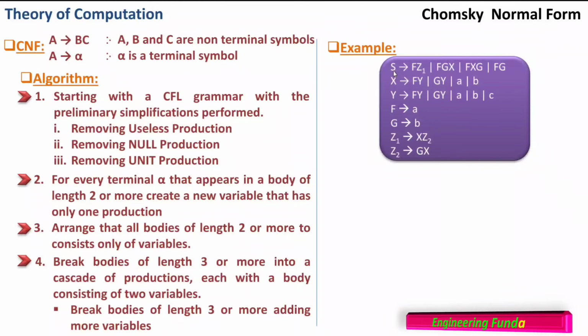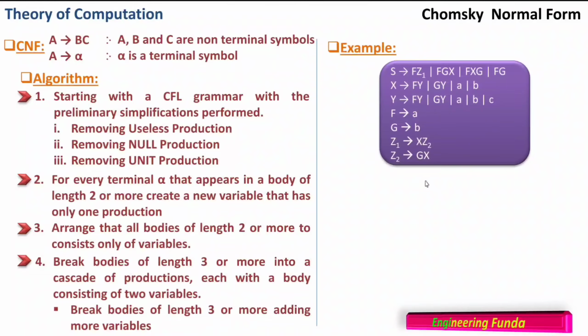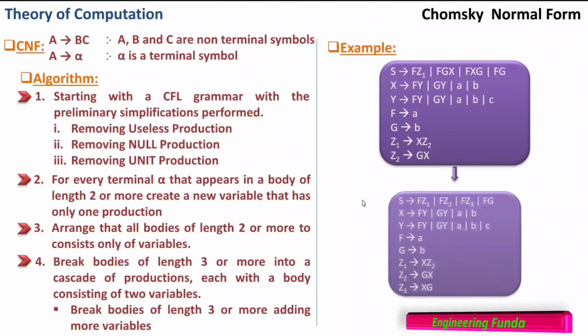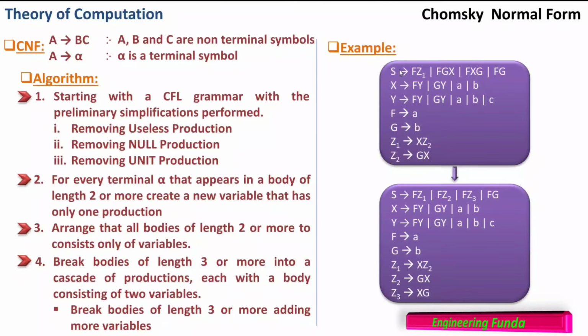Here what we have to work on is S tends to FGX, one production, and S tends to FXG, another production. Now here I am directly writing the final answer. So here my final answer will look like this. S tends to FGX is now converted to S tends to FZ2, because GX already exists in this.